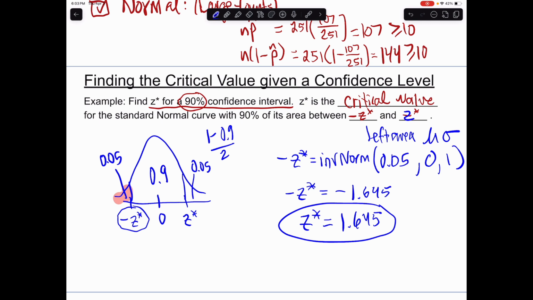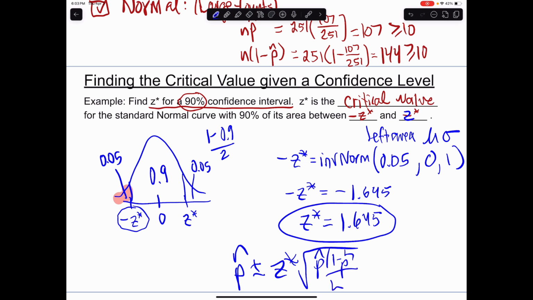Remember, our confidence level has a direct impact on what the interval looks like, specifically the margin of error. So it all boils down to this equation. When we calculate this, it allows us to calculate how far you want to go out, right?